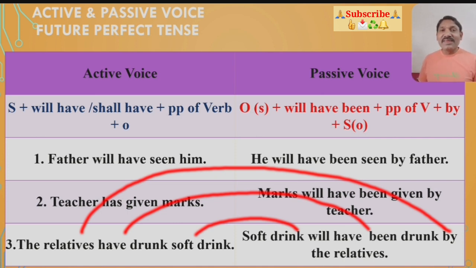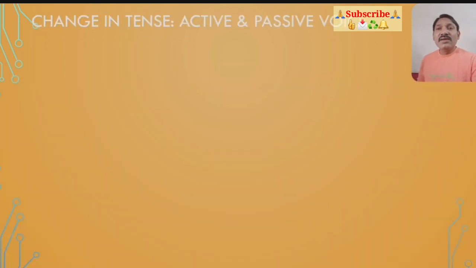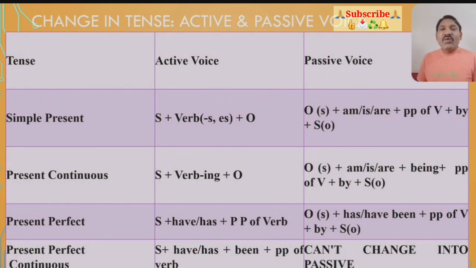Okay, have you understood? Just now I have told you that past perfect continuous tense we could not change into passive voice, in the same way future perfect continuous tense can't be changed into passive voice. Okay students, have you understood? So here what we have studied, students, is active voice and passive voice in this lesson or video, we can say.